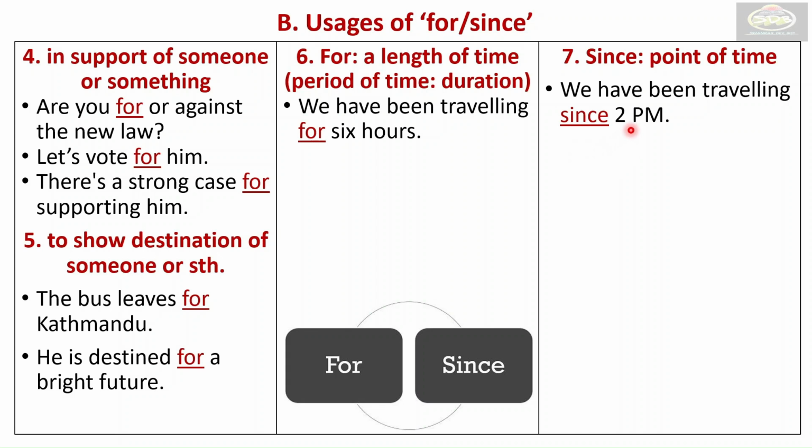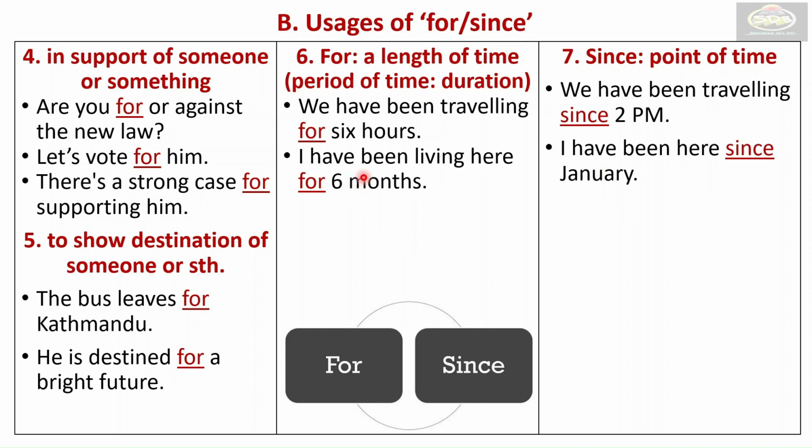On the other hand, we use since with point of time. Example, since 2 p.m., since Monday, since January, since Christmas Day. In this way, we have to make use of for and since in these two different situations.